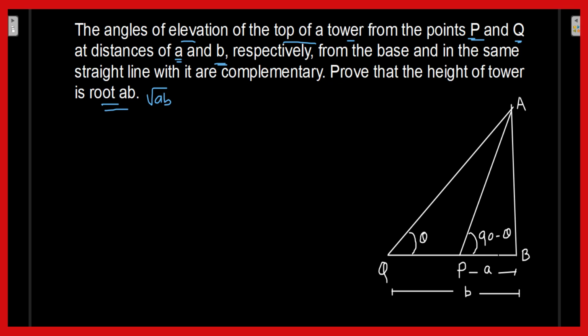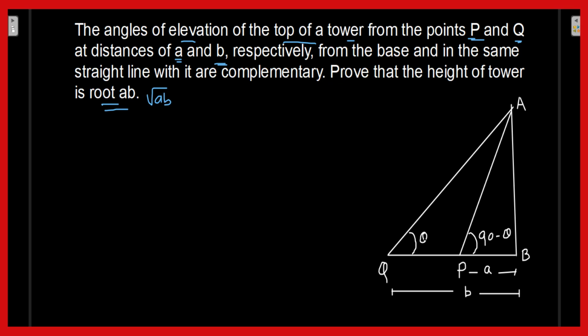P is situated at a distance of A and Q is situated at a distance of B from the foot of the tower. And it is said that the angles of elevation from these 2 points P and Q are complementary. Prove that the height of the tower is root of AB.